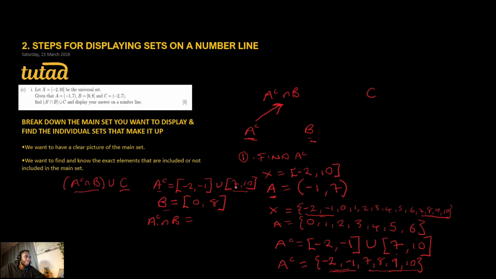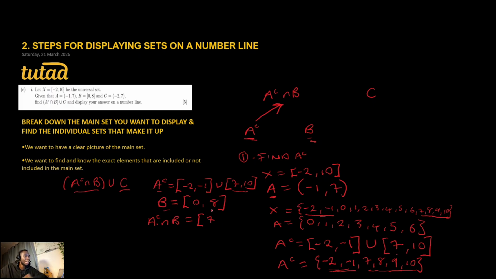We can see that 7 is also part of set B because remember, the highest element in set B is 8. And 7 comes before 8. Therefore, 7 is also going to be included in the set A complement intersection B, and it is going to be the first element in our set A complement intersection B. So 7 is our lower boundary and the first element of our set A complement intersection B.